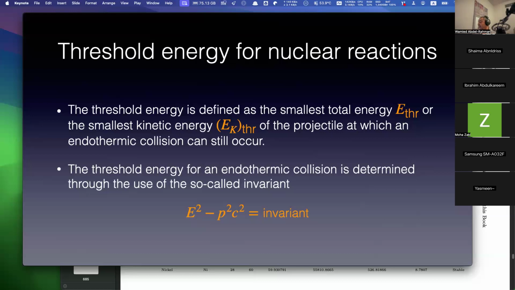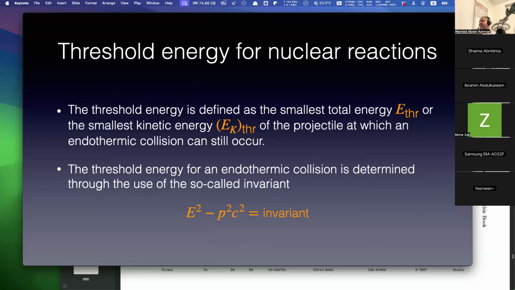This comes from special relativity, where basically this quantity, E squared, the total energy squared of the particles, minus momentum squared times c squared, is invariant. Invariant is different from conserved. Invariant means that it's independent of the reference frame from which we are calculating or determining these quantities.